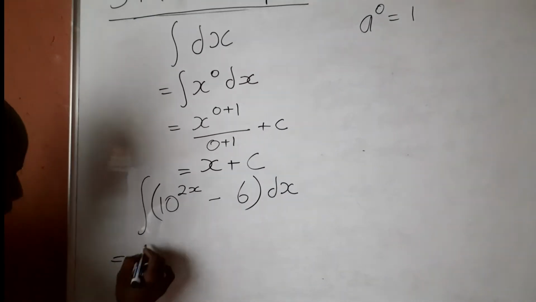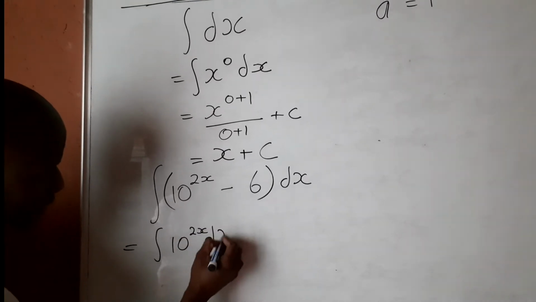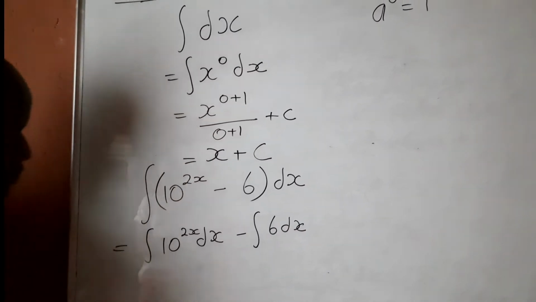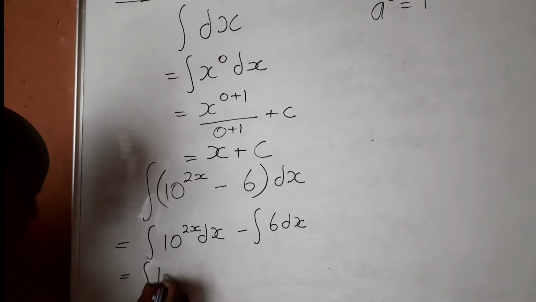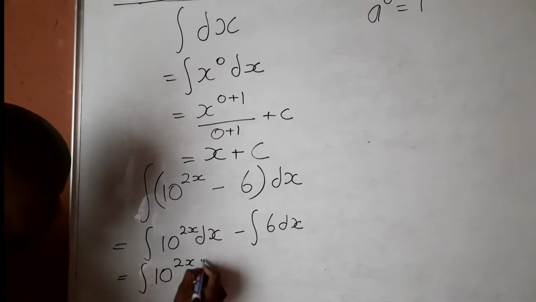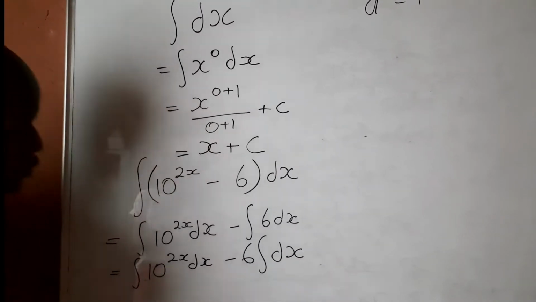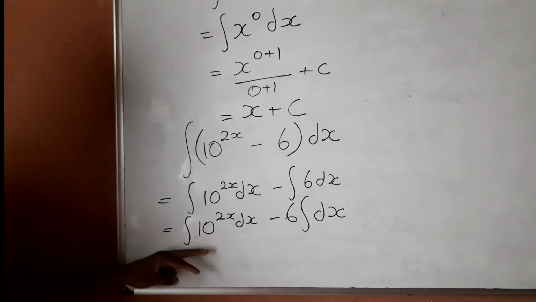So it's going to be the integral of 10 to the power 2x dx minus the integral of 6 dx. So which is the integral of 10 to the power 2x dx minus 6 times the integral of dx. So now we must be able to identify which formula we're going to use to integrate.